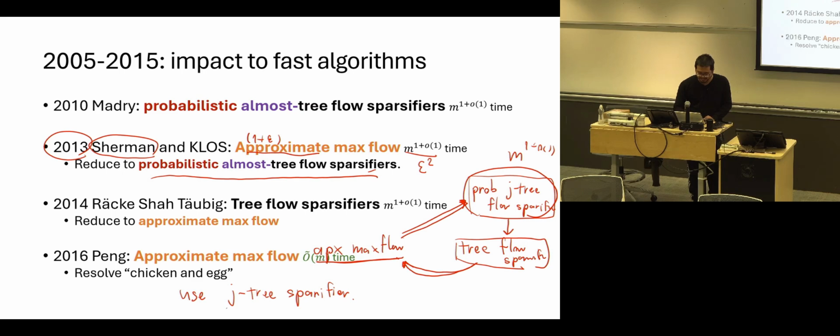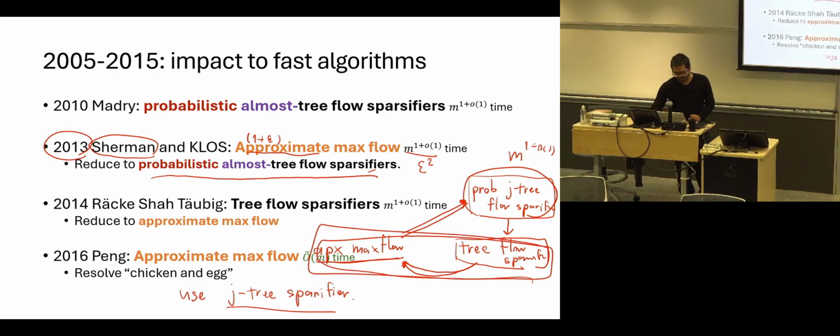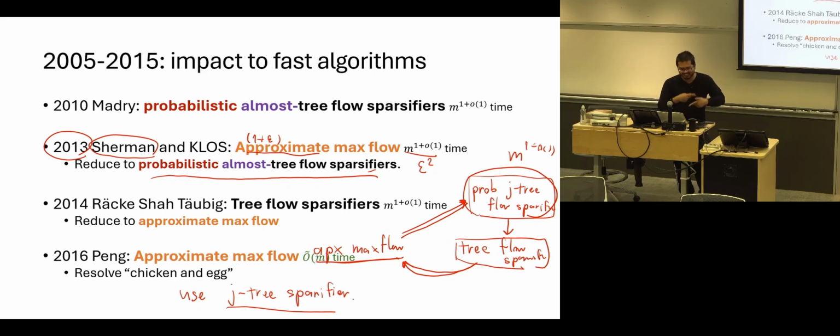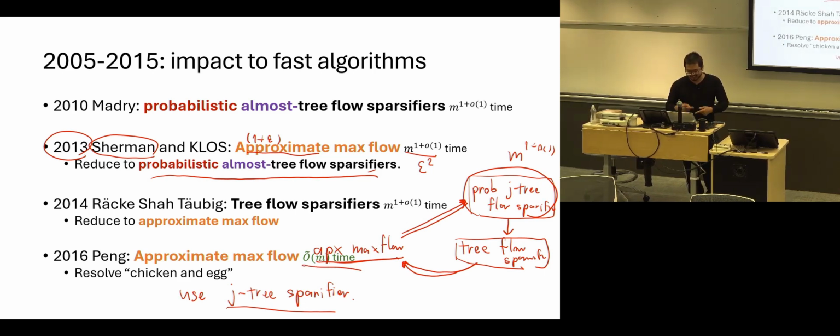So J3 kind of just is still there, but it's used inside the recursion, and he can improve the running time on both of these. Anyway, it's his interesting history that the way to get fast approximate max flow is just to solve 3-flow falsifier and use this recursion.